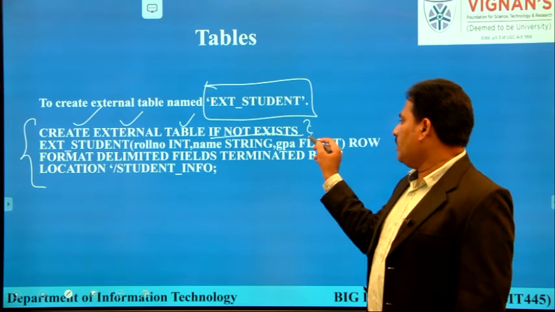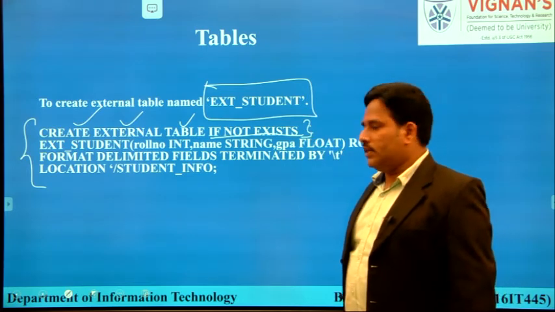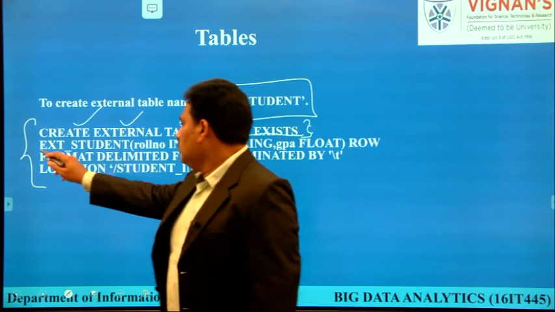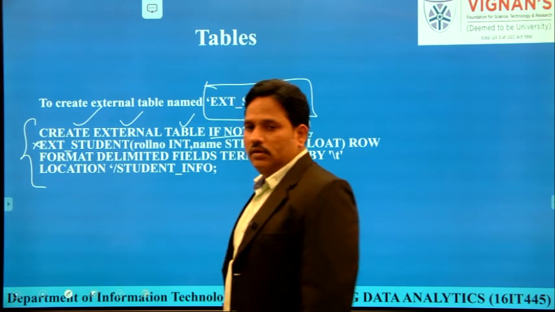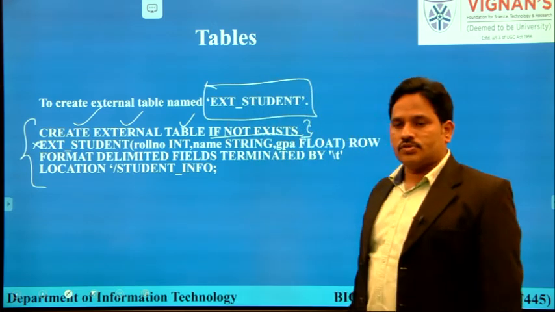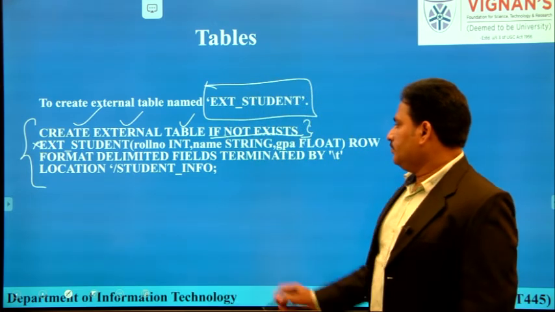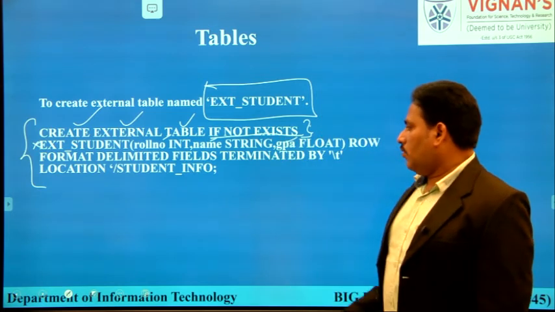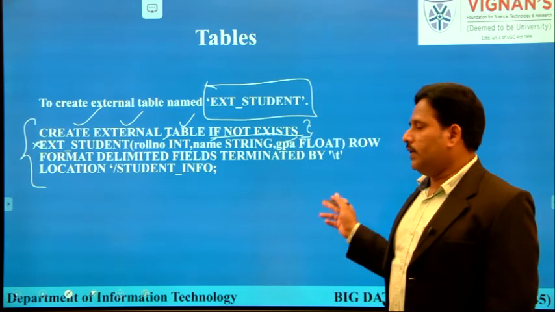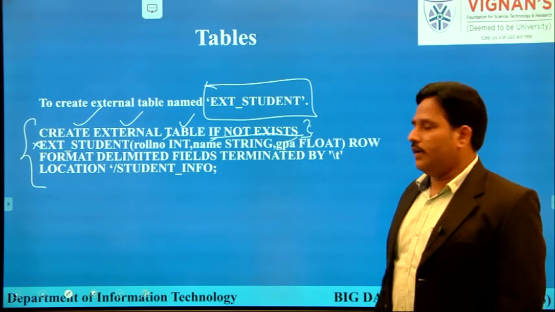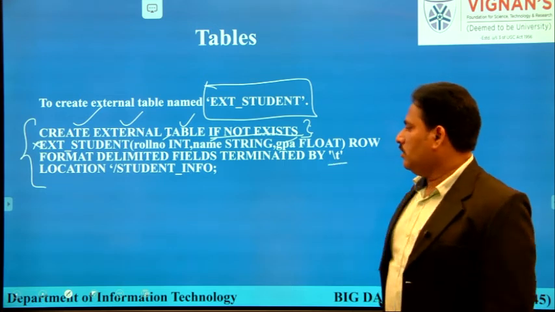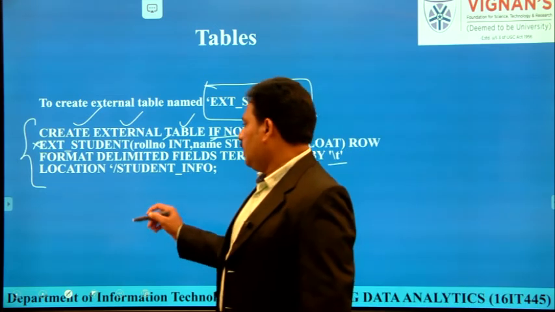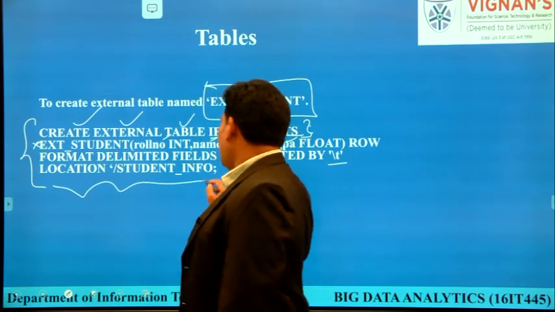So these are common keywords. And what is the desired name here? We give ext_student with the required attributes: roll number, name, GPA. And the format is row format delimited, fields terminated by /t, and here the location is student_info.